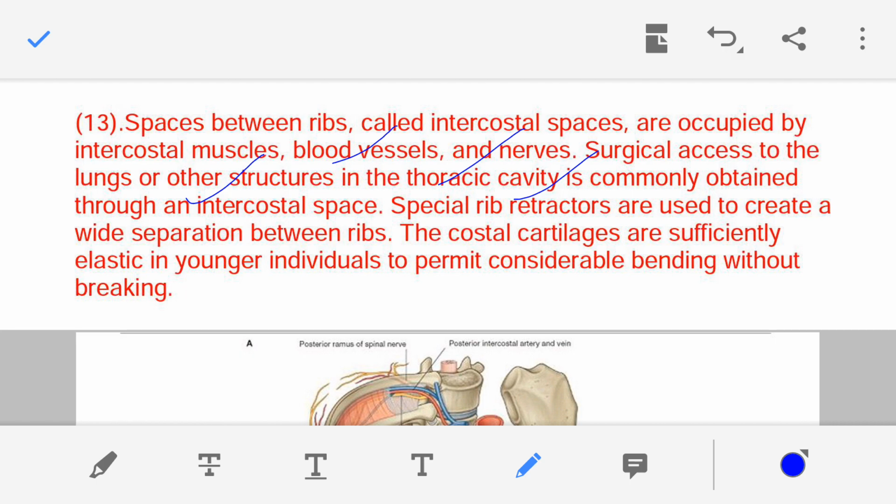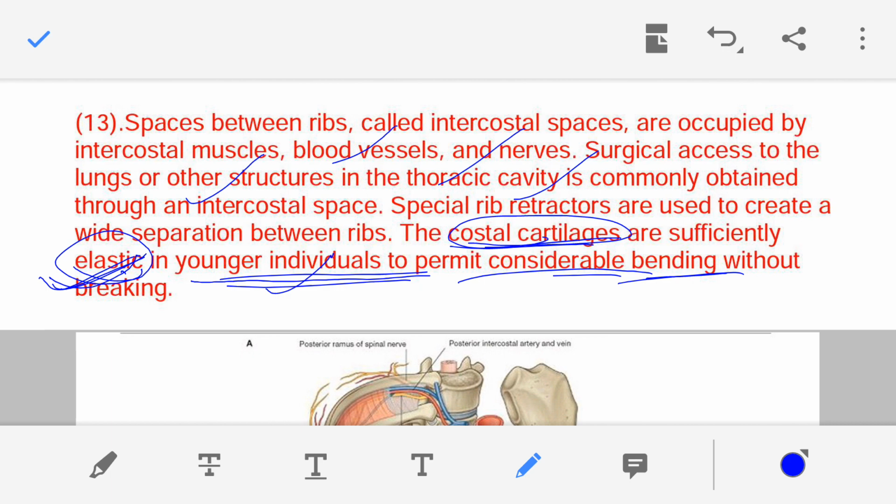And the last line, now the younger individuals, let's say the children, costal cartilages. Now the children's costal cartilages are elastic. So since the costal cartilages of the children are more elastic, they can permit more bending.